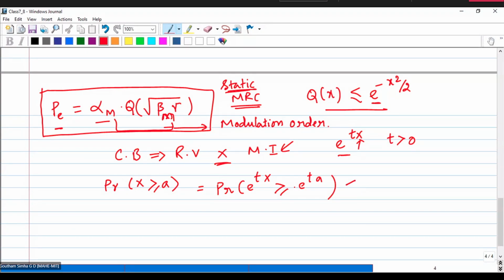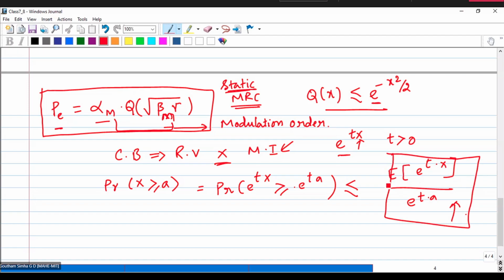That is always bounded by the expectation of e to the power of t into x divided by e to the power of ta. Don't ask me how you got this; that is another topic of study itself, so you remember this expectation of e to the power of t into x divided by e to the power of ta.